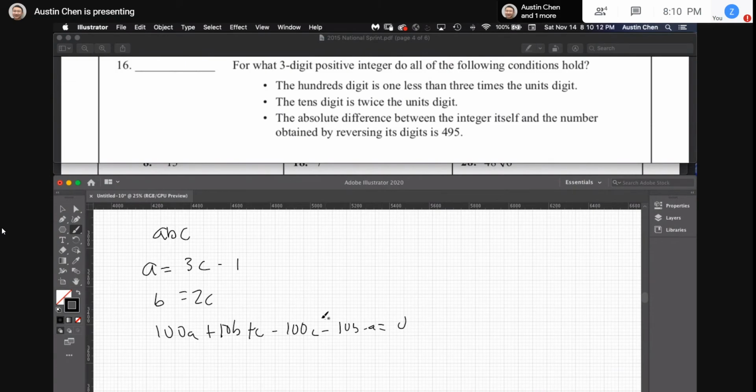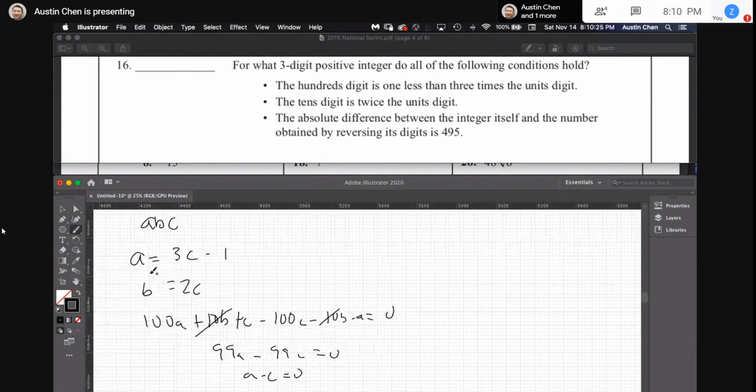And these cancel. 99A minus 99C equals 0, and we just have A minus C equals 0. So then we can use this and this to find that negative 2C equals negative 1.